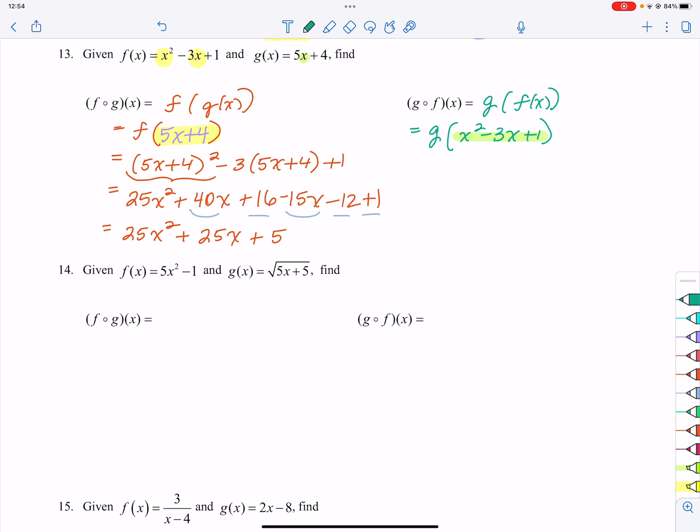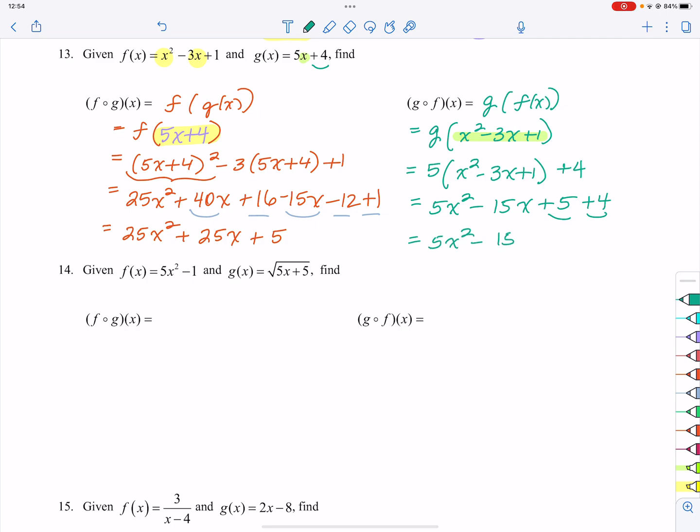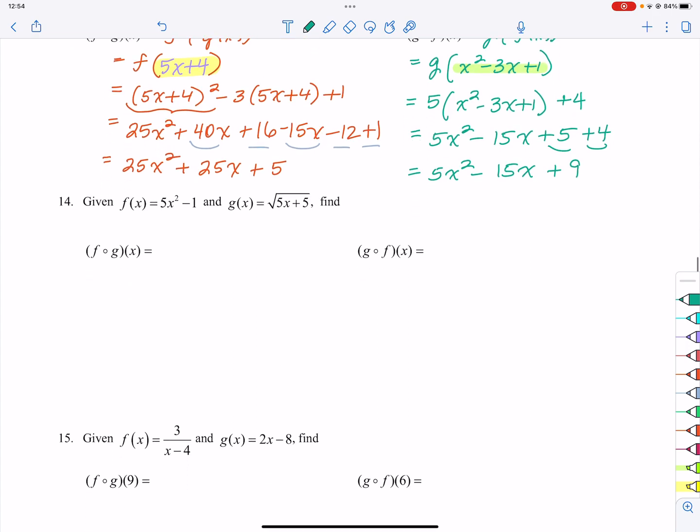That's equal to 5 times x squared minus 3x plus 1, and don't forget about that plus 4. Distributing that 5, and we have two like terms, and we end up with 5x squared minus 15x plus 9.